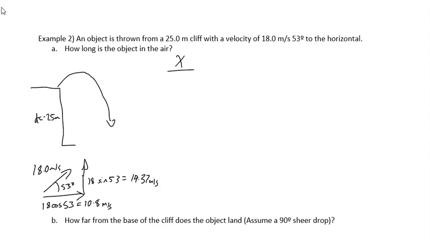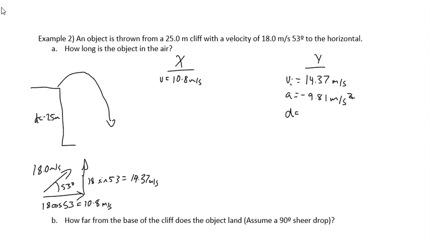So we're breaking this apart into the x and the y components again, but just to find the time in the air, all we really know is the velocity in the x direction as being 10.8 meters per second, and the initial velocity here is 14.37 meters per second. But we also know the acceleration is negative 9.81 meters per second squared.